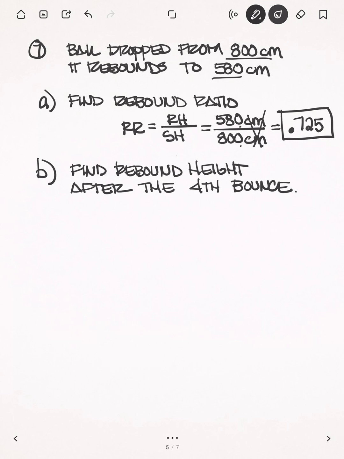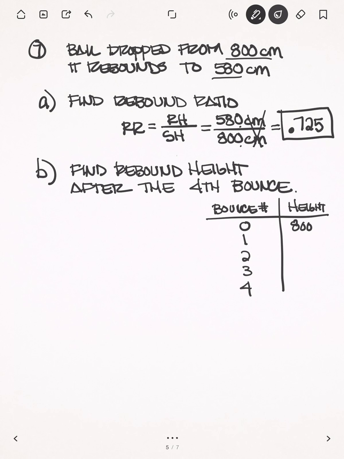Okay? Well, first of all, if we make a chart, remember our chart would be the bounce number here and the height of the ball here. What happens when we haven't bounced at all? What did we start with? We started with 800 centimeters. After bounce 1, now we want to go all the way to bounce 4, and we'll answer the question once we get to 4.